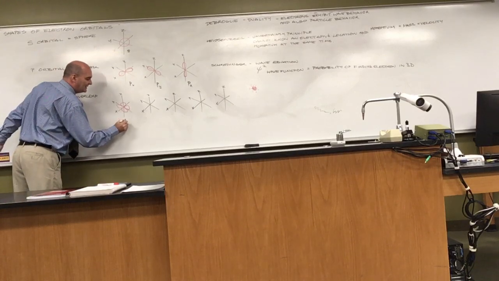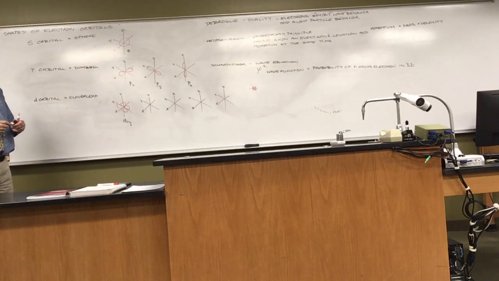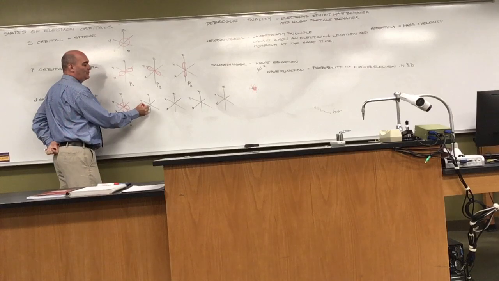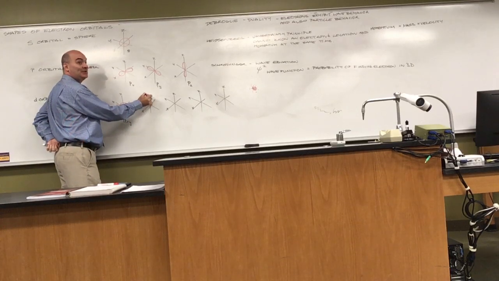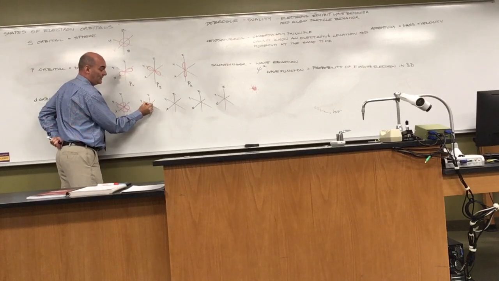This is called dxy. That's the easy one. It's flat. Now I'm going to draw one that is between the x and the z. The z is the up axis.